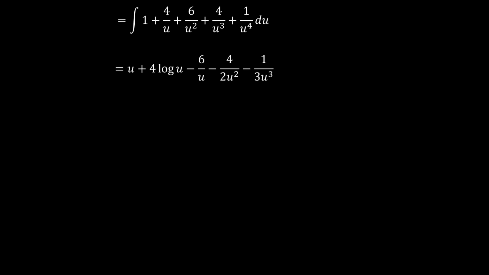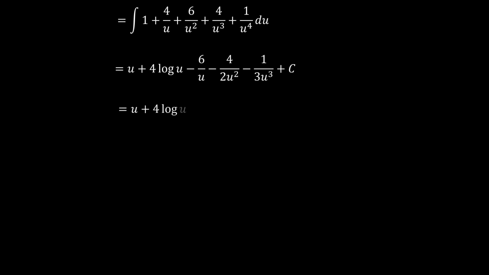So going forward now, we integrate these terms independently. For 1, it's u, 4 over u is 4 log u, and 6 over u squared is minus 6 over u. For 4 over u to the power 3, we have minus 4 over 2u squared. And for 1 over u to the power 4, we have minus 1 over 3u cubed.